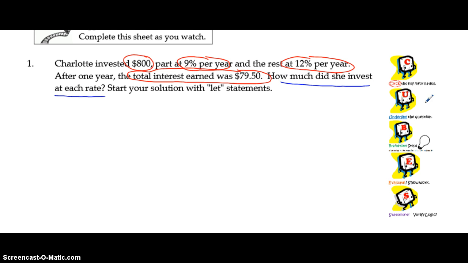Remember, the U part is what is going to get you to create your let statements.